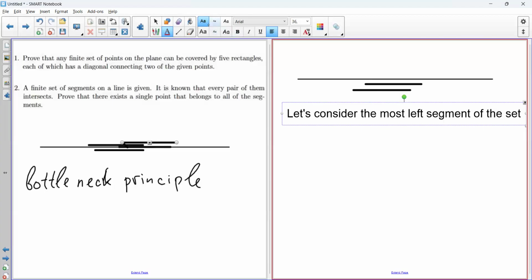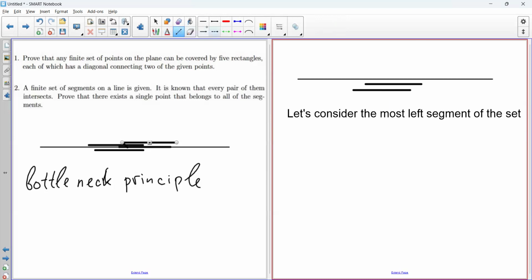But what we can see then is that if we consider different situations, our intuition of the most left segment may be violated by some different real situations.